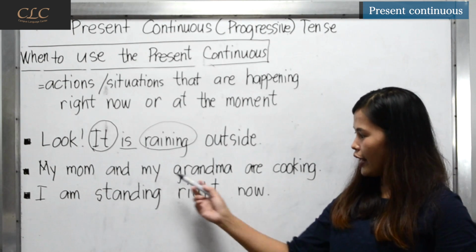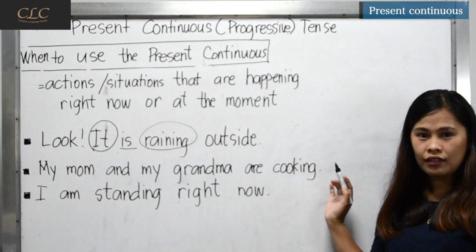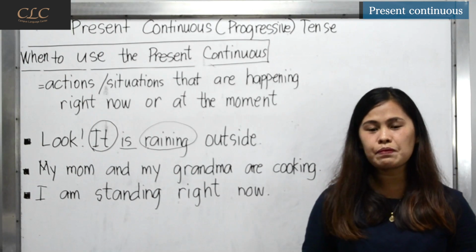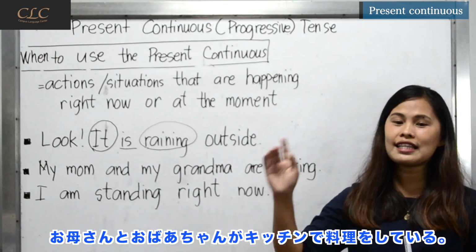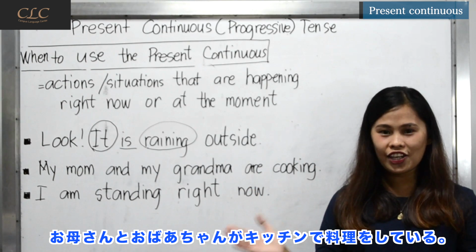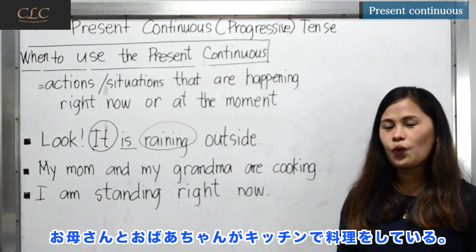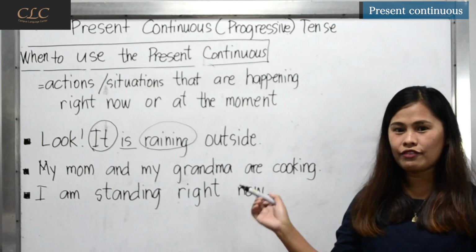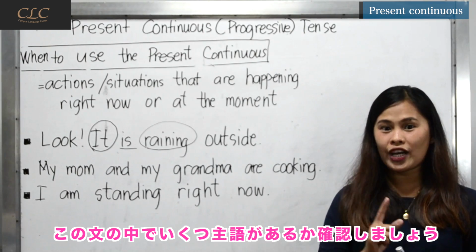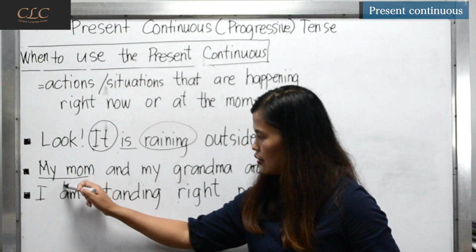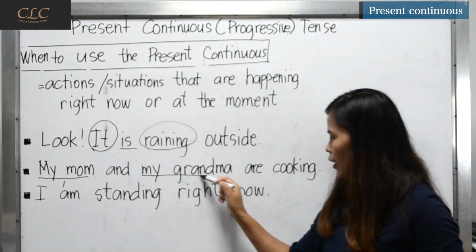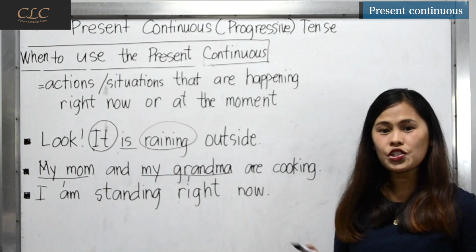My mom and my grandma are cooking. So this means that your mom and your grandma are in the kitchen and they are cooking. So how many subjects do we have in this sentence? Let's try to check. So my mom, that is one. And we also have my grandma, that is another subject.